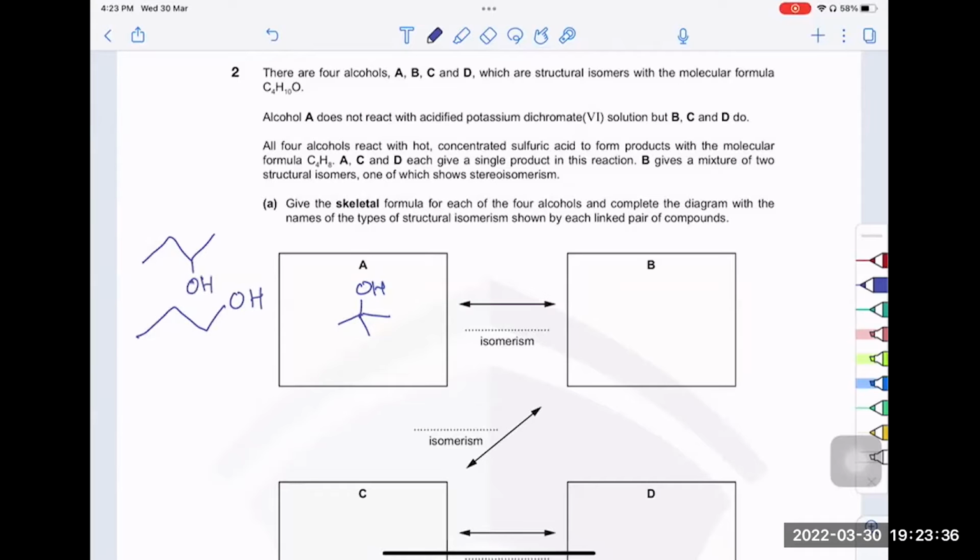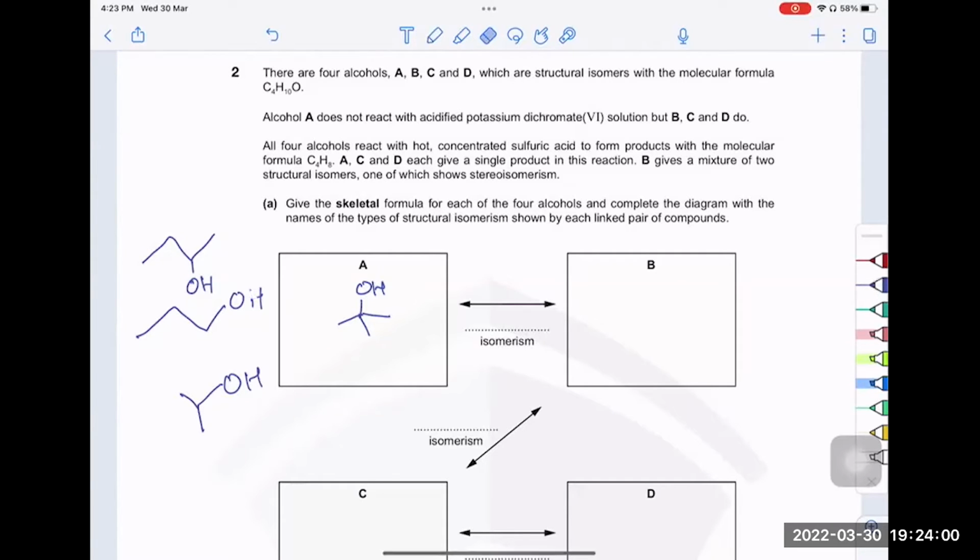That's one option. I could also move this. Yeah, I could technically do this. I could take this carbon and move it here, so that I get this thing. No.